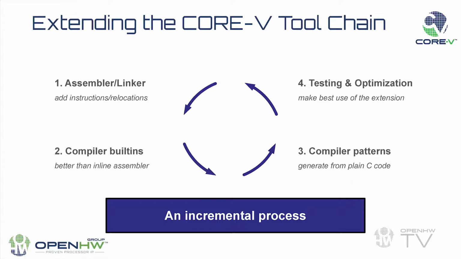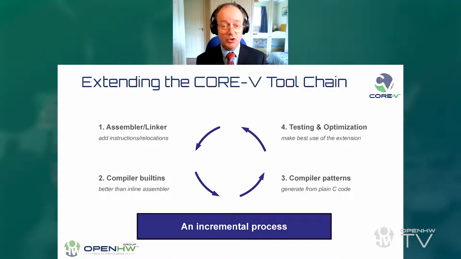Adding compiler code generation patterns allows the instruction extensions to be generated automatically for standard C and C++ code. Finally, we can add more patterns and custom compiler passes to maximize the optimization opportunities with the instructions. And of course, throughout, we must test robustly. So let's look at this in a bit more detail.